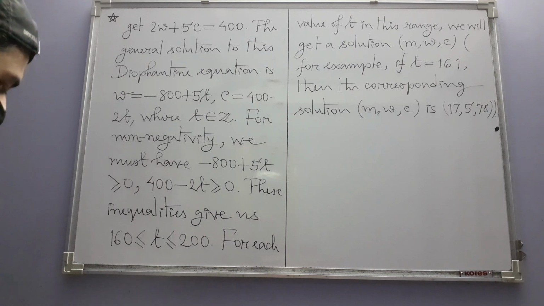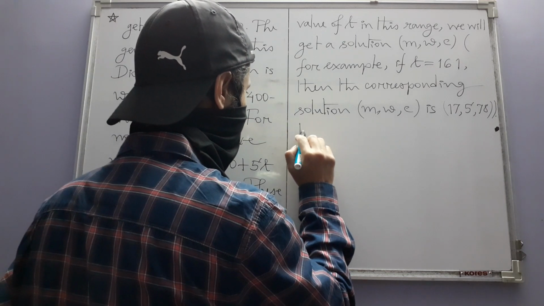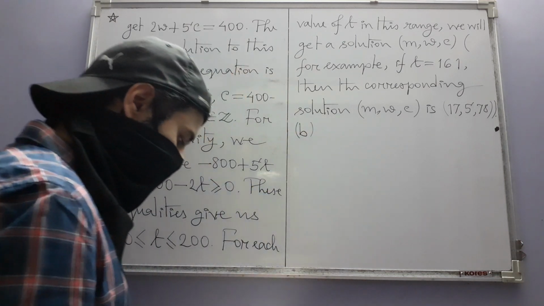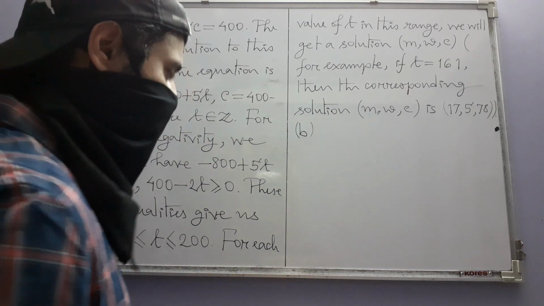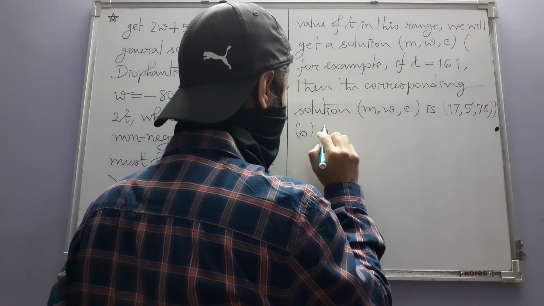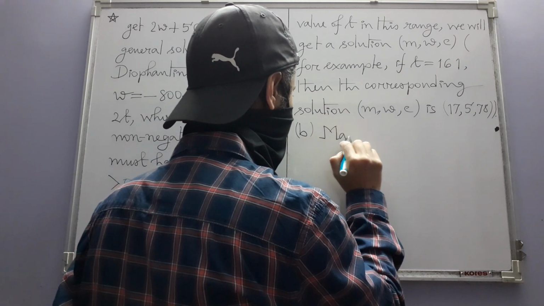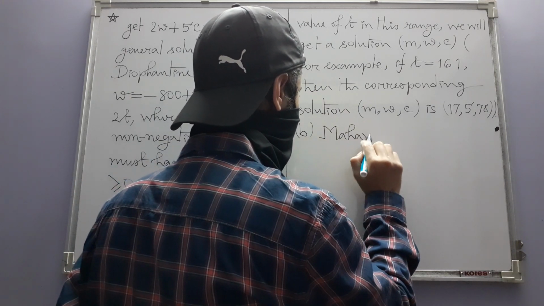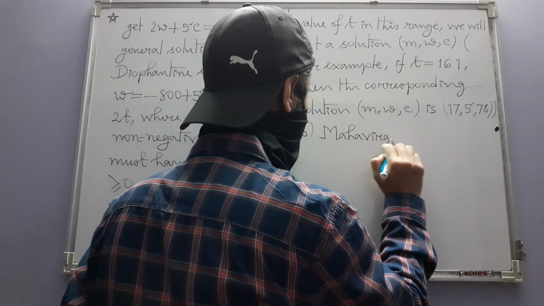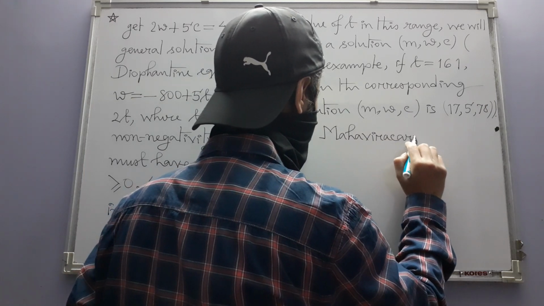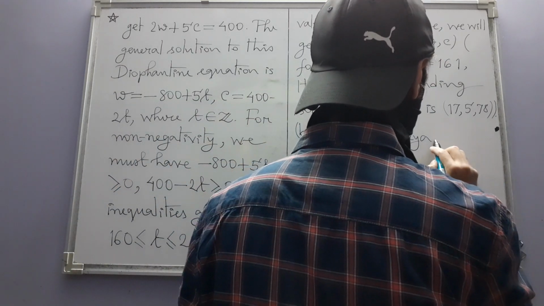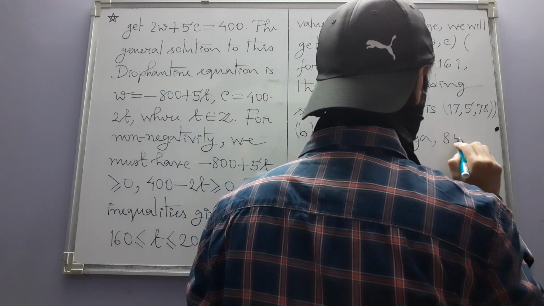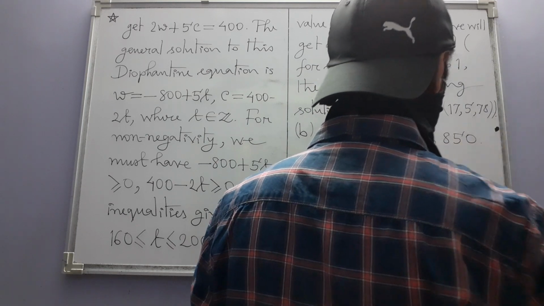Now let us see part B. Part B is Mahavira. Oh, okay, this name is an Indian name. Mahavira Karya, from 850.